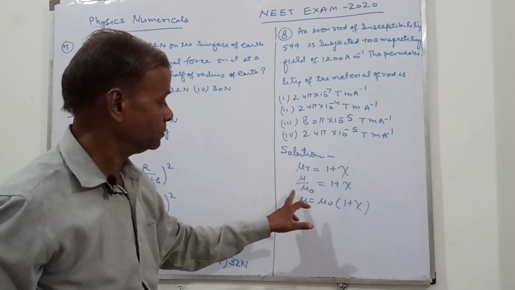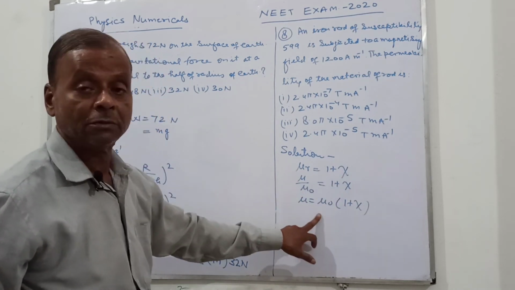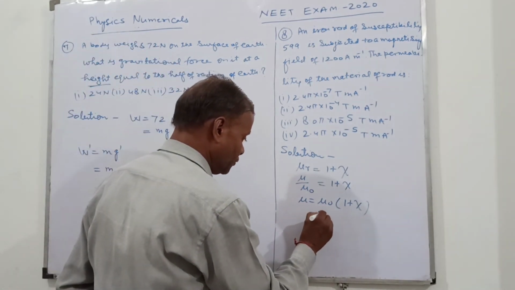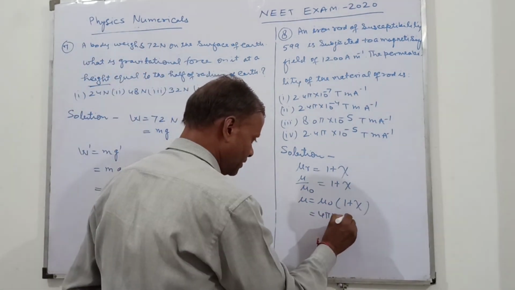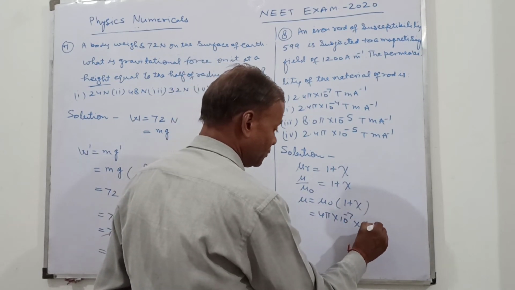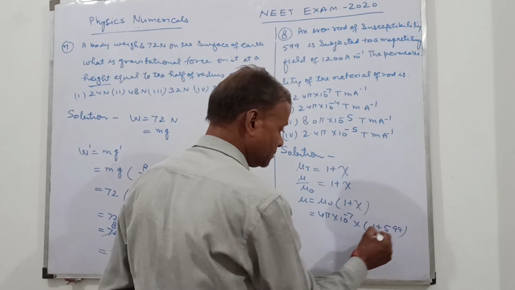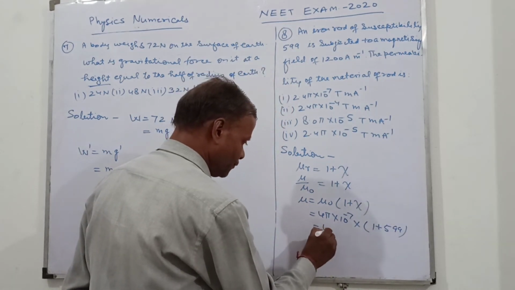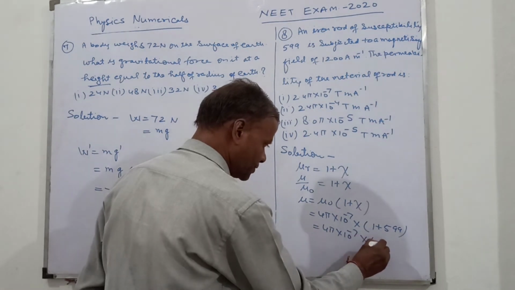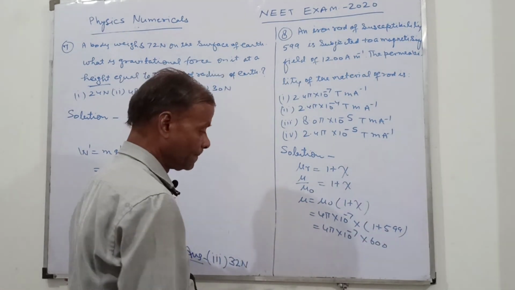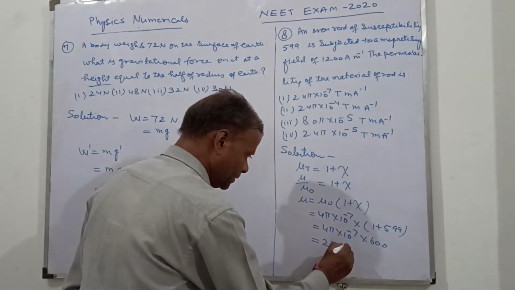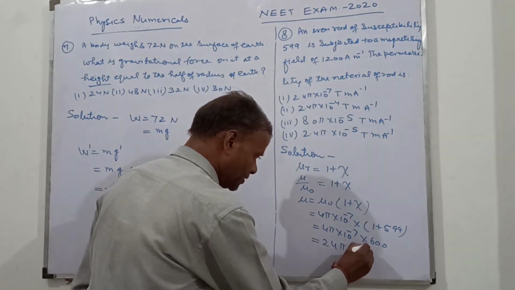This we know. Just convert this, and you will find this is now 4 pi into 10 raised to the power minus 7 into 1 plus chi, 1 plus 599, so 4 pi into 10 raised to the power minus 7 into 600. So this is now 24 pi into 10 raised to the power minus 5.